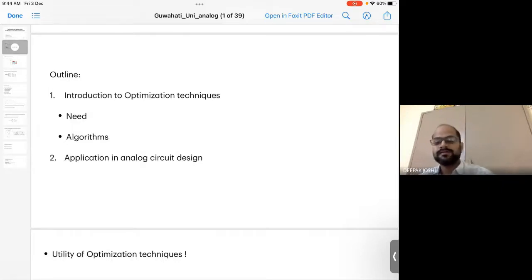Then we'll see the application in analog circuit design, then the difficulties that I have faced, and how we generally avoid such difficulties by improving the problem statement of our optimization problem.